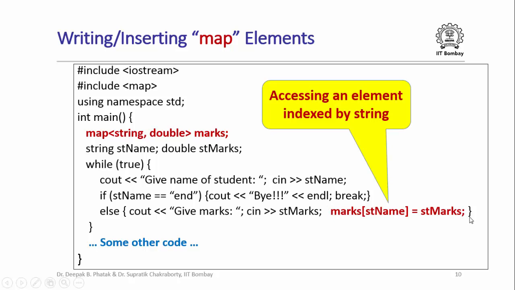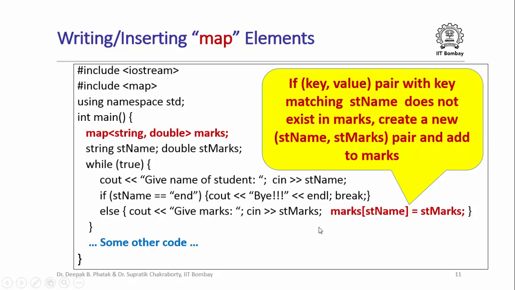And when I do this assignment, I am basically accessing an element in the map named marks, and I am accessing this element by using the index stName, which is a string. And here I am basically storing stMarks along with the key stName in the map named marks.